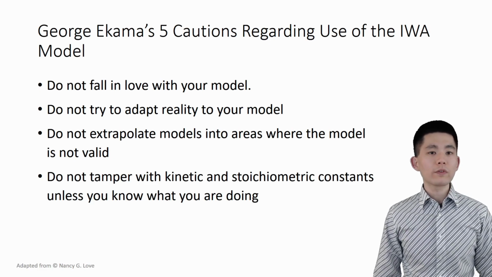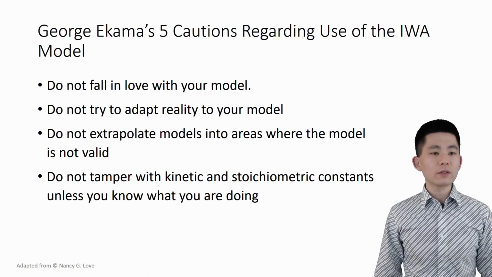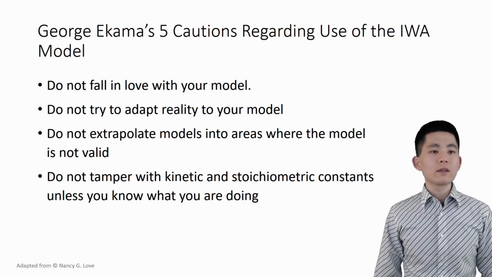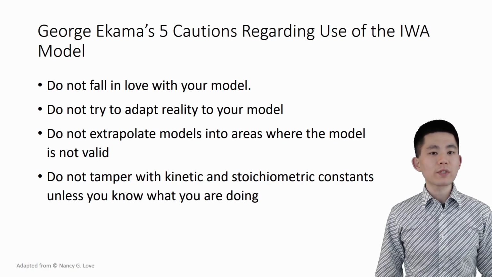Because we're working with complex mixed cultures, the kinetic and stoichiometric constants are the generalization of all microbial communities involved, which can vary drastically with feed characteristics. Calibration of those constants is sometimes required, but you need to understand these values and make sure that the calibrated values make physical sense.